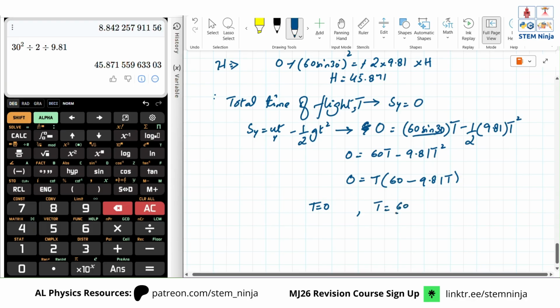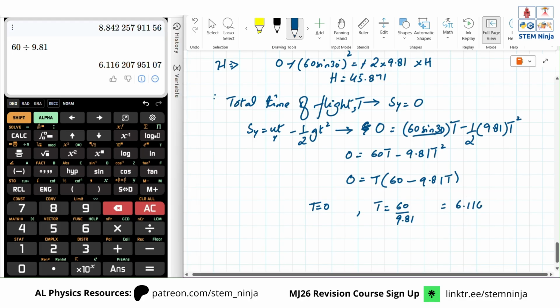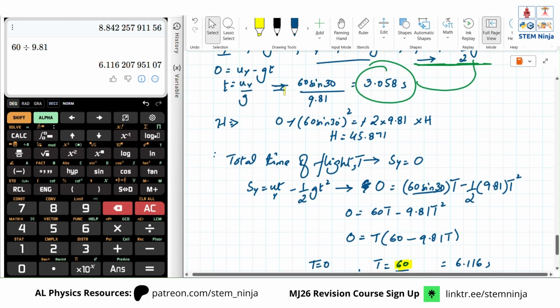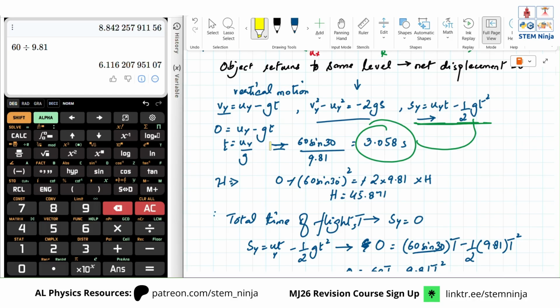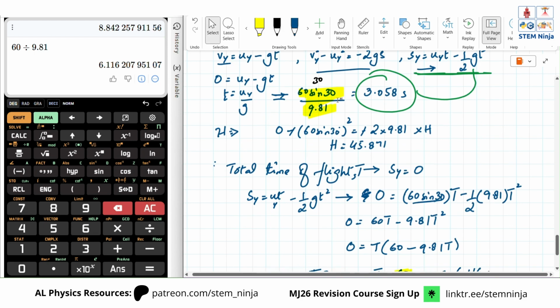And the other would be 60 divided by 9.81, 6.116 seconds. Notice one thing. This is 60 and this one was 30 divided by that. So this was 30. And this is not a coincidence. This is exactly how this happens.